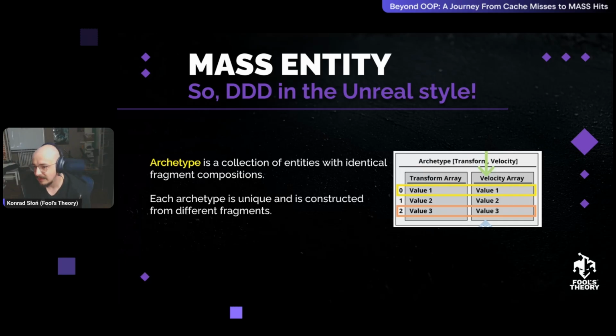Next is archetype. An archetype is a collection of entities with identical fragment composition. Each archetype is unique and is constructed from different fragments. If you think about it like in object-oriented programming, your archetype is kind of like a class. In the archetype you are saying, okay, to achieve some feature I want to use these fragments and these fragments.